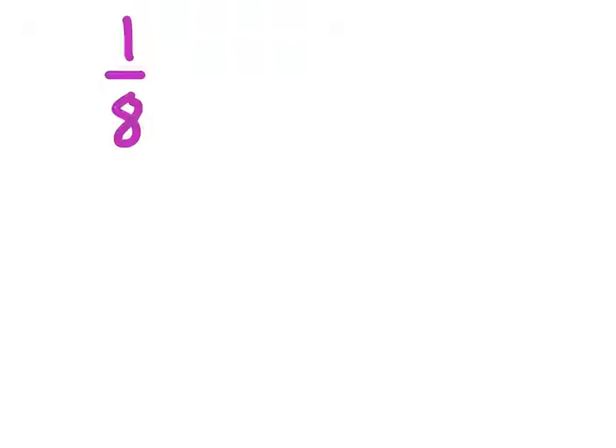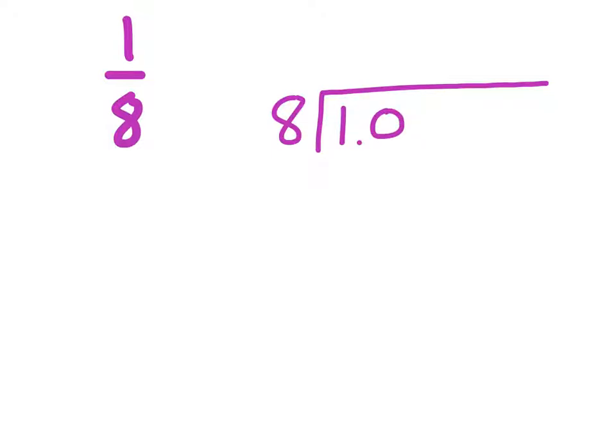Here we have 1 divided by 8. Remember, you're doing numerator 1 divided by denominator 8. Now we have to ask ourselves, does 8 go into 1? No, it can't. So we have to add a 0 for the first time, which we have to here. We add our 0 and we add a decimal point.